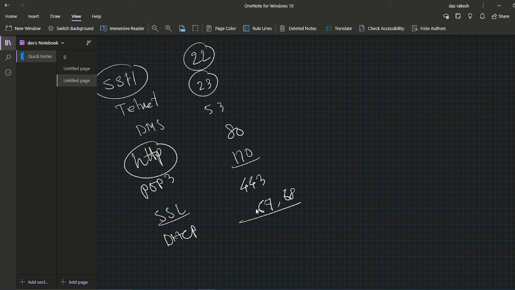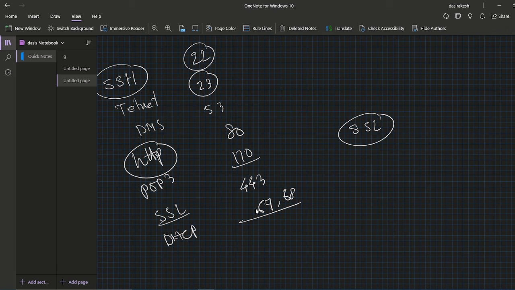Now we discuss the concept of SSL. SSL is also known as Secure Socket Layer, and it's a protocol for establishing an authenticated and encrypted link between networked computers.